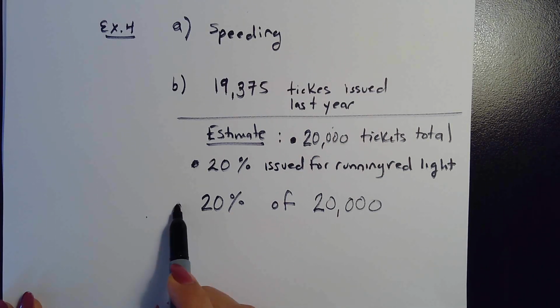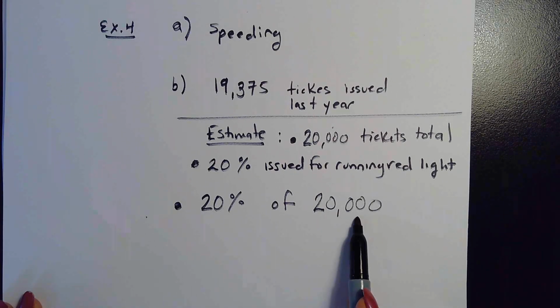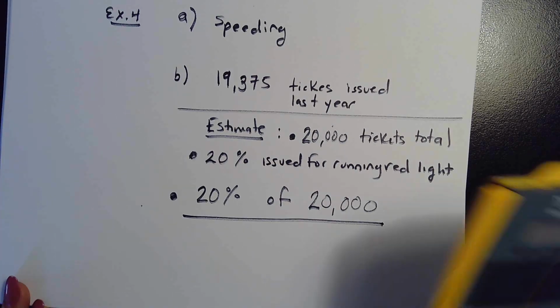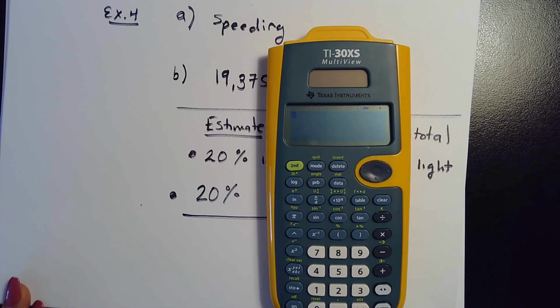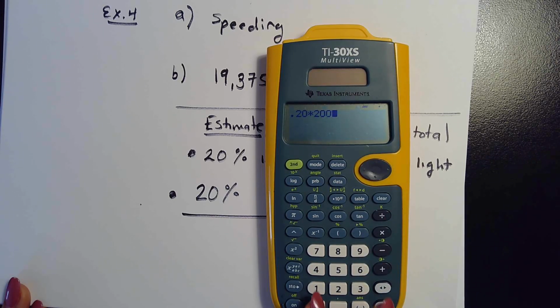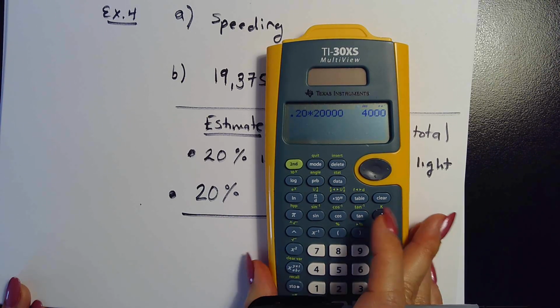So then I have to calculate 20% of 20,000. This is what I need to calculate. And you see that this is going to be 20%, 0.20 times 20,000 gives me 4,000 tickets.